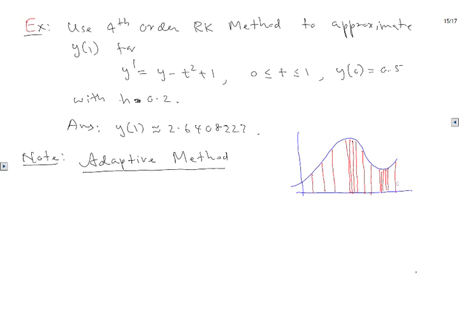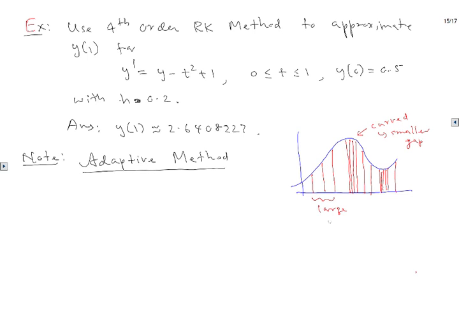When the curve is more curved, we can use more intervals, a small h. When curved, we use a smaller gap. When it is almost like a line, we use a large gap.